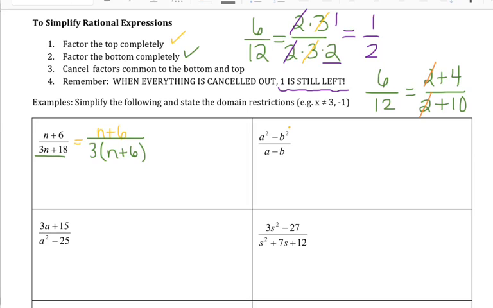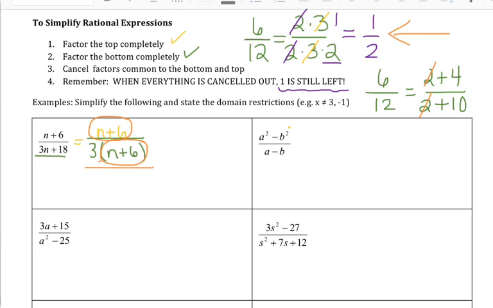That doesn't work the same way as multiplication did. You can cancel out factors that multiply to give you something, but you can't cancel out terms that add to give you something. So in this example that I'm doing right now, I can't cancel out the 6's because they're added. But I can cancel out the n plus 6 and the n plus 6.